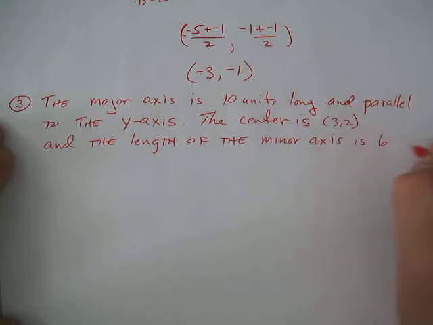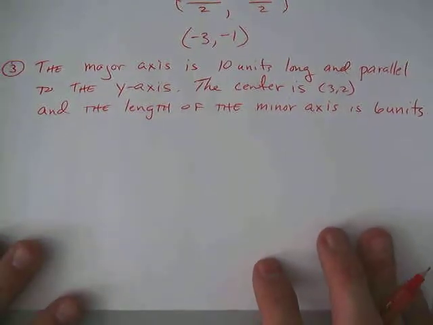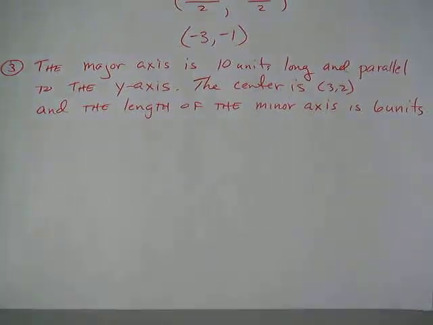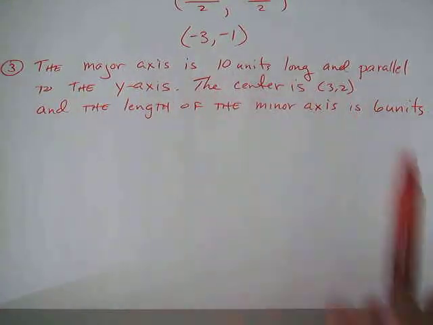And the length of the minor axis is 6 units. Okay, so I'll give you a moment to write that down. If the substitute wants to just hit pause and give people a chance to write it down, feel free to do that.